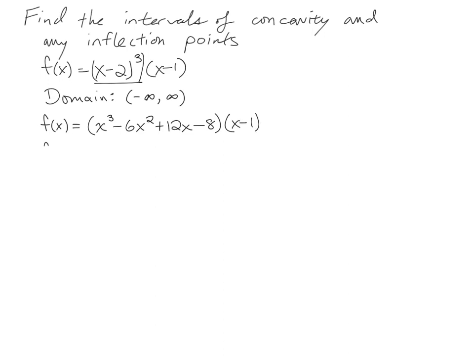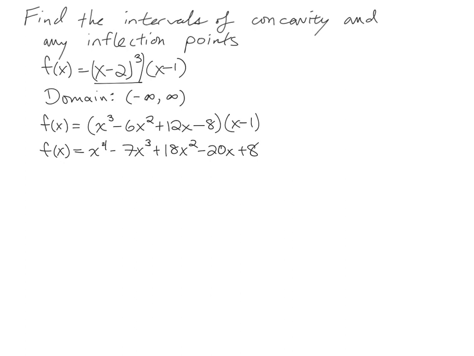Then I will multiply those two factors together to get x to the 4th minus 7x cubed plus 18x squared minus 20x plus 8.